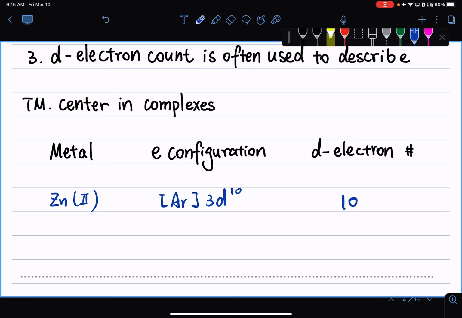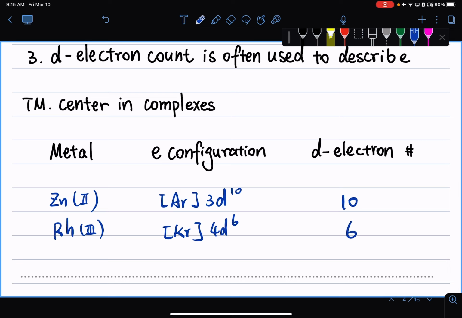Some more examples here. We can have rhodium 3+. Rhodium is number 45. That's krypton 4d7, 5s2, but it's 3+, so it goes down to 4d6.